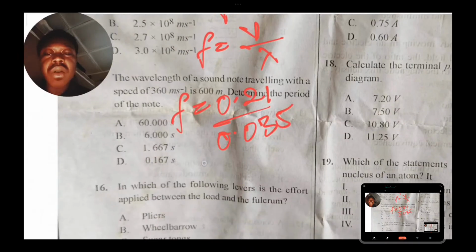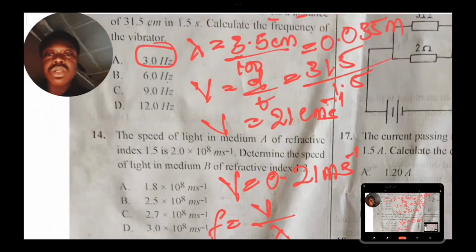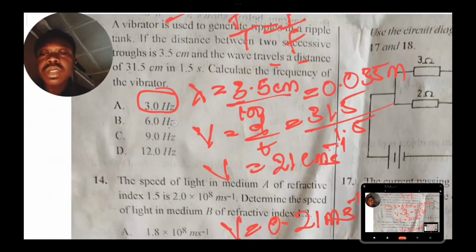So that our F will now equal what? If you punch your calculator, you'll see that our F equals 6 hertz. So let's return to our question. You see that option B is the correct answer.